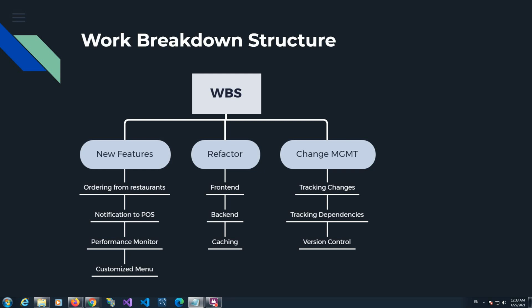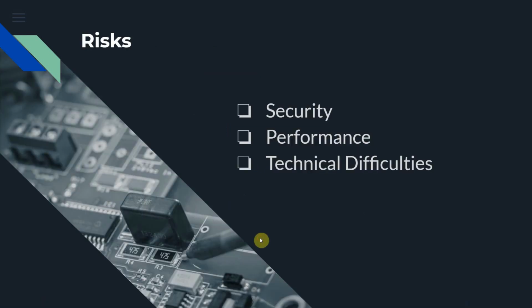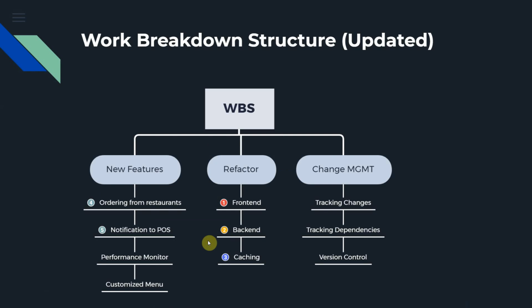There are potential risks for all the new features. If I don't have airtight security, losing credit card information to hackers might make me lose customers forever. So this is the updated work breakdown structure.